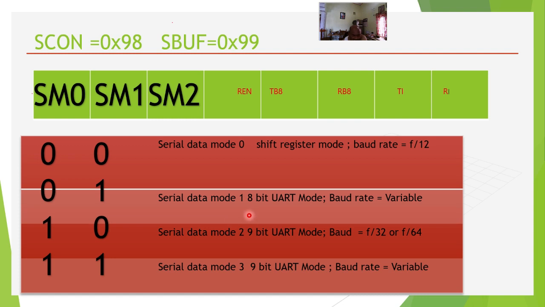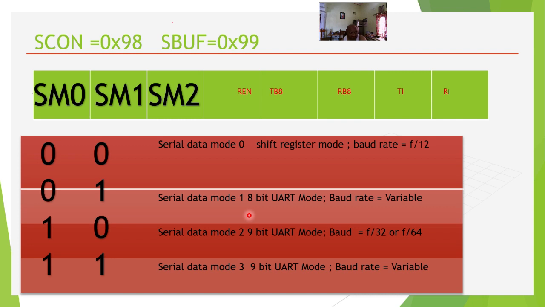Universal asynchronous. Then actually there is another one, USART, Universal Synchronous and Asynchronous Receiver Transmitter. But our 8051 is only UART, Universal Asynchronous Receiver Transmitter. Here the baud rate is calculated using the variable method.